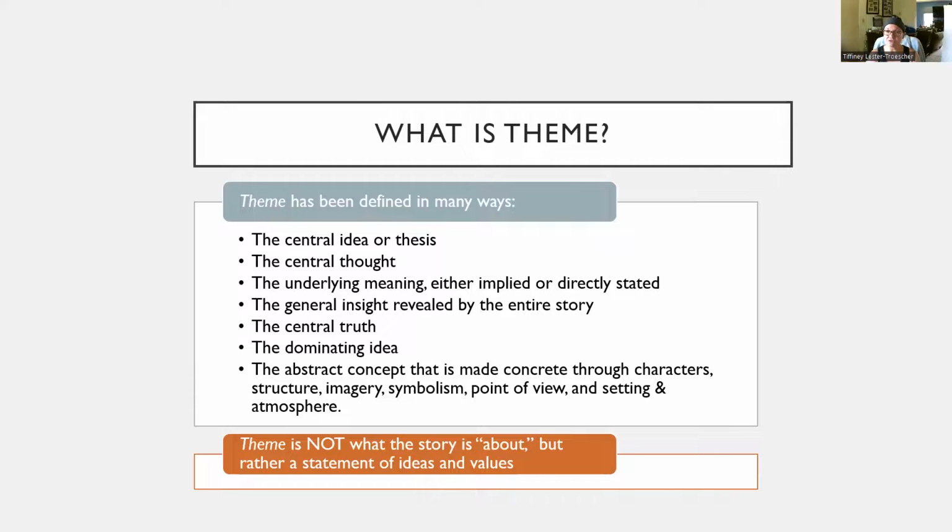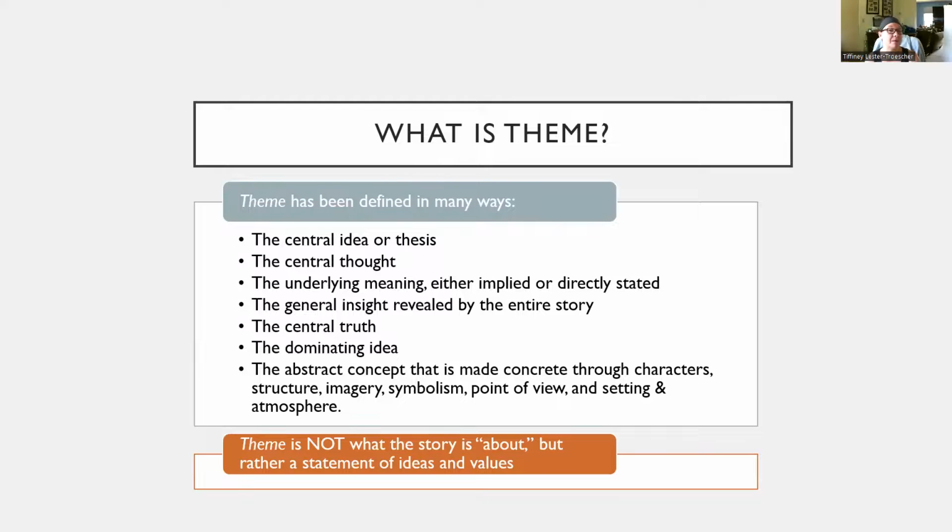The theme is not what the story is about, right? But rather a statement of ideas and values. For example, in the poetry unit, we looked at the themes for Dulce et decorum est and What Lips My Lips Have Kissed. And a lot of students, when they are asked, what's the theme of Dulce et decorum est, they will say, oh, the theme of that poem is war and soldiers dying.